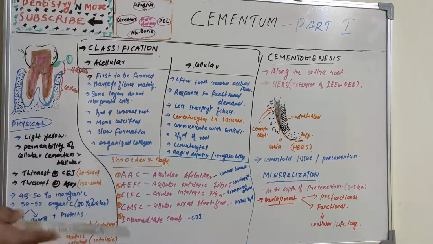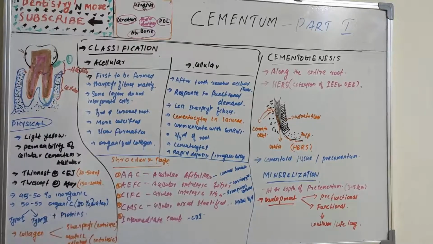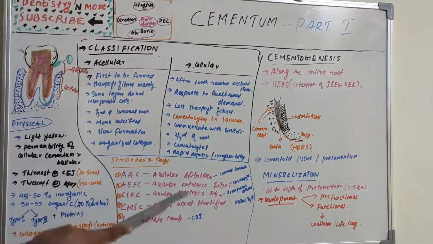It is synthesized by cementoblasts but does not contain extrinsic Sharpey's fibers. Okay, where it says intrinsic, it is only intrinsic fiber; extrinsic is about Sharpey's fibers. So without any Sharpey's fibers. So these are synthesized by cementoblasts, just like acellular afibrillar cementum, and it does not contain extrinsic Sharpey's fibers.